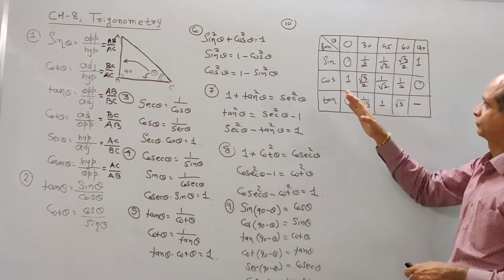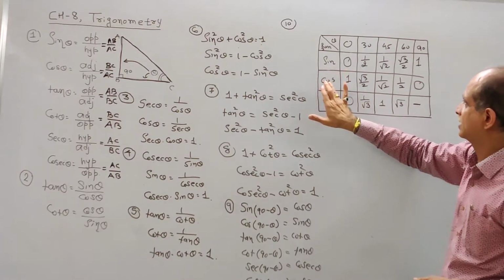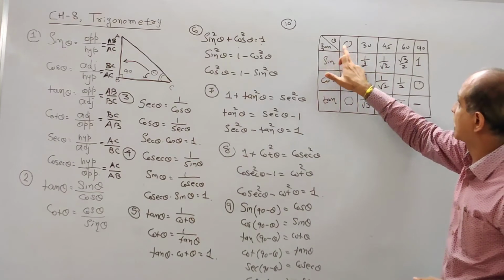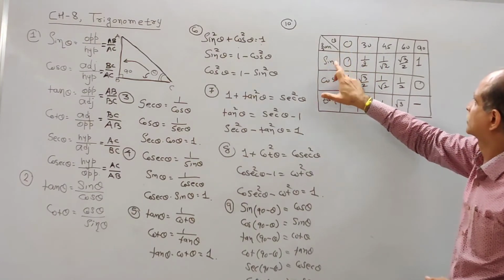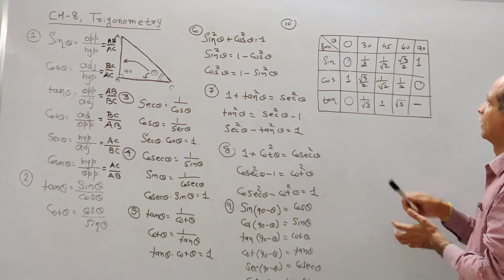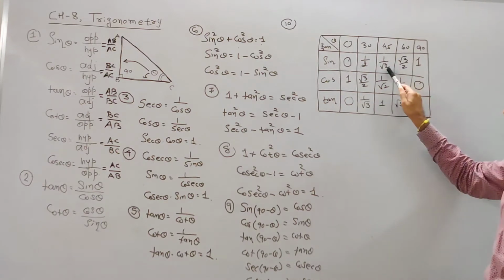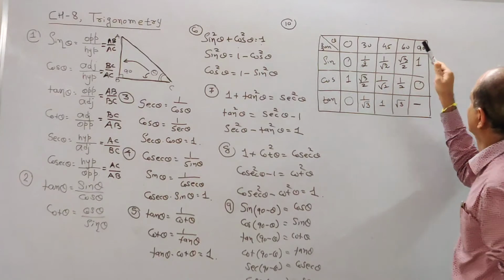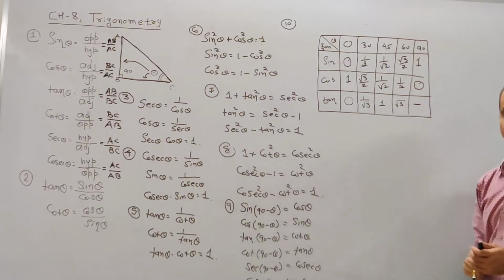So in this table, the first one is sine, second is cos, and third one is tan. So this value represents sine 0 means 0, sine 30 means 1 by 2, sine 45 means 1 upon root 2, sine 60 means root 3 by 2, and sine 90 means 1.